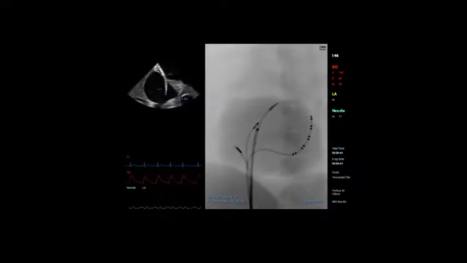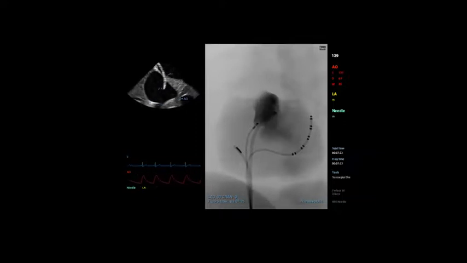So you see that the dilator is inside the left atrium, and very soon the sheath will be advanced over the dilator. Again, here you see on the right side the fluoro image, and on the left side the ICE image and the pressure recordings.